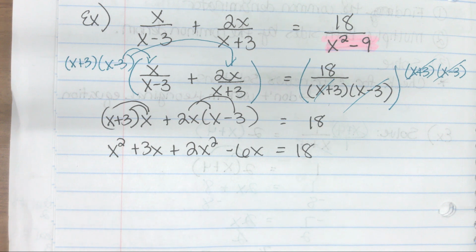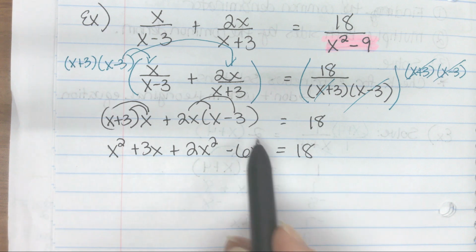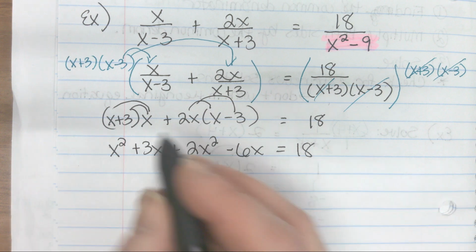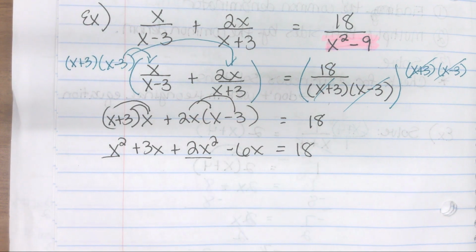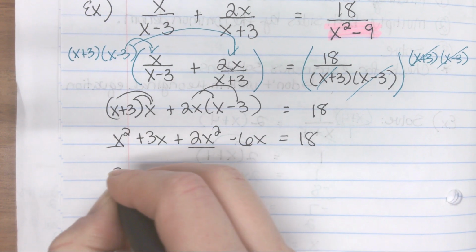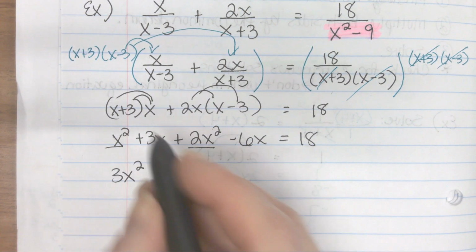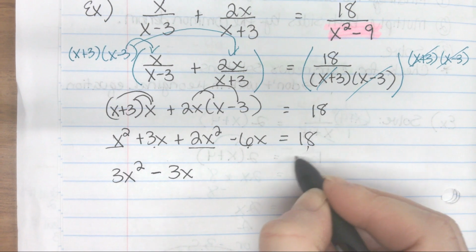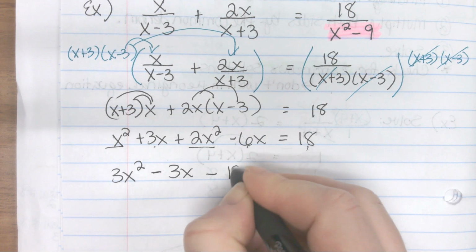When I'm solving a quadratic, the ways to solve would be quadratic formula or factoring, whichever one you prefer. I'm going to move this 18 to the other side, and add my like terms. What's x squared plus 2x squared? 3x squared. So I have 3x squared. 3x take away 6x is minus 3x. And now I move this 18 to the other side. Minus 18 equals 0.